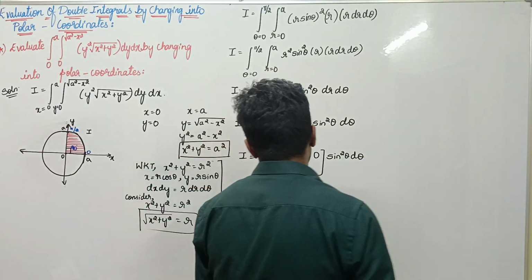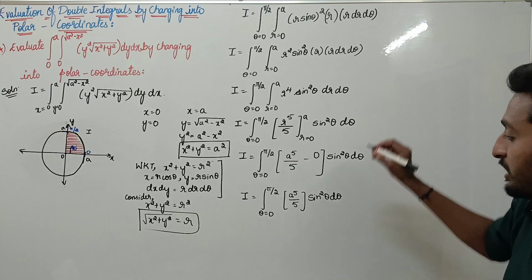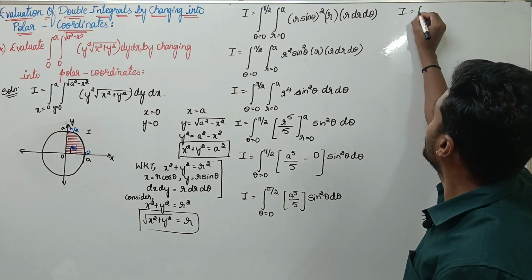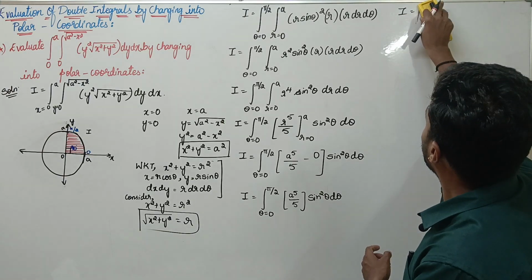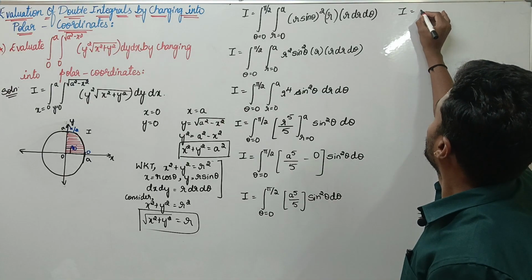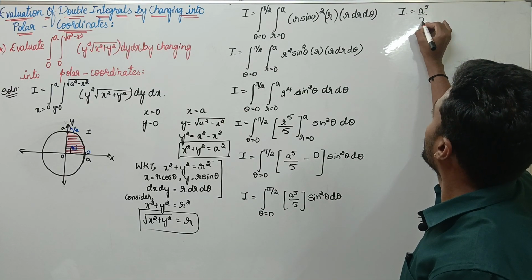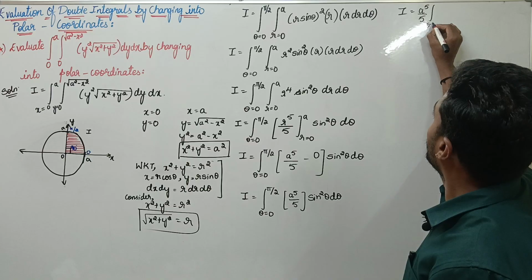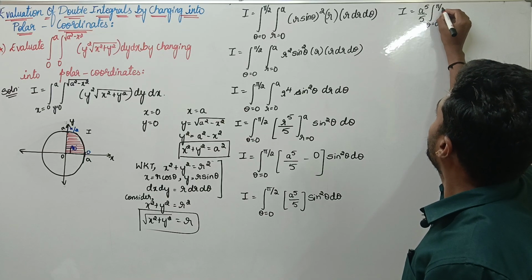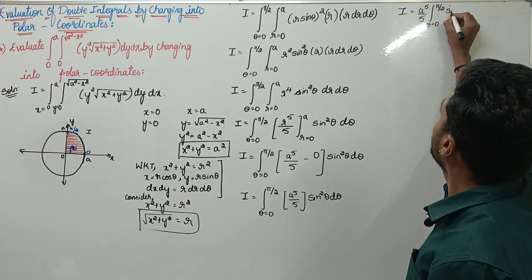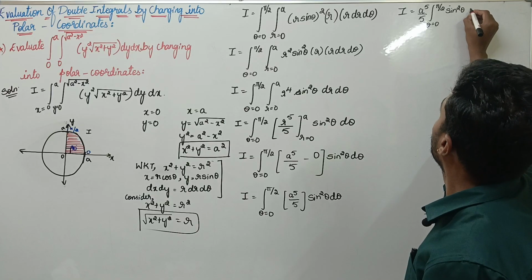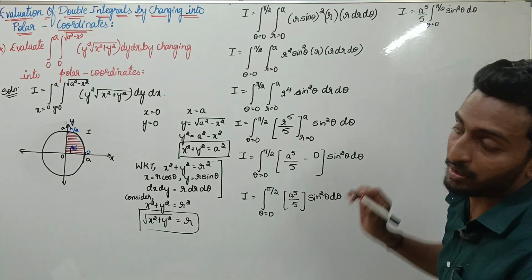Now a power of 5 by 5 remains constant. So I equals a power of 5 by 5 integral theta varies from 0 to pi by 2 into sin square theta d theta.